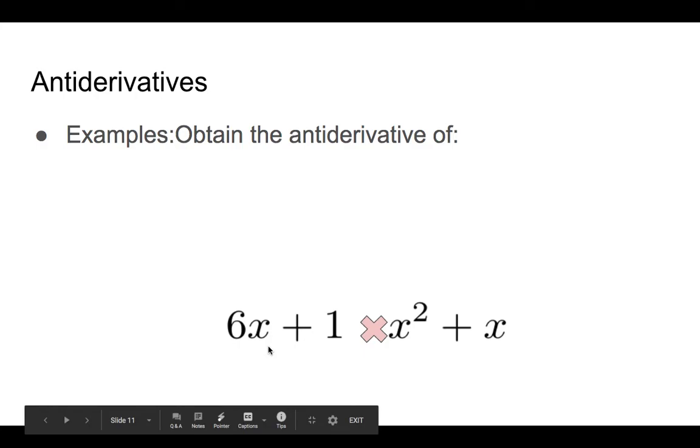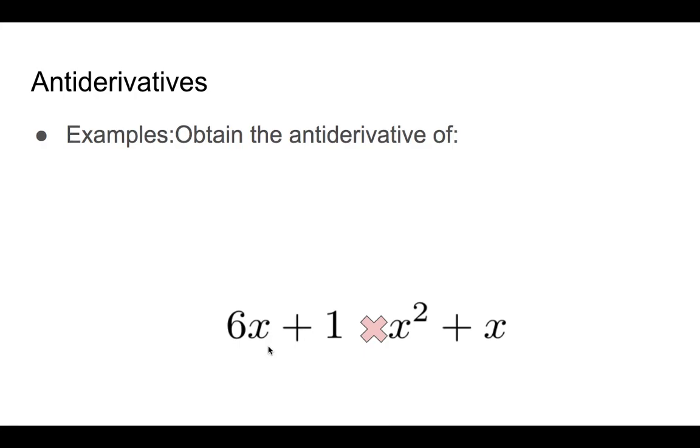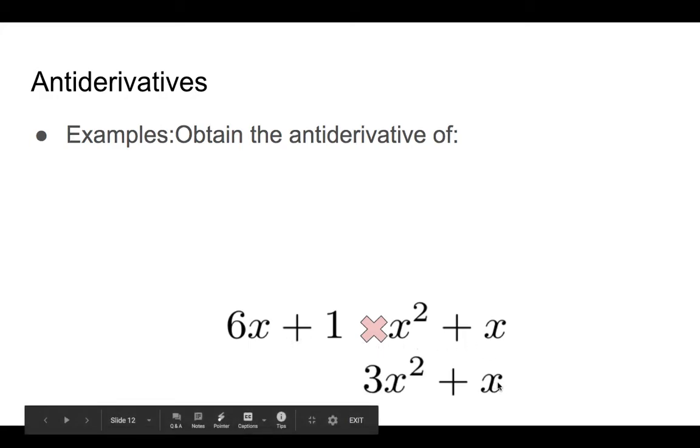So this is not it. It needs to have some other coefficient so that when you multiply it, you actually obtain what you need, and in this case it's this one. If you get the derivative of this, the derivative of x is the 1, and the derivative of this thing, the 2 comes down, multiplies the 3, therefore you have a 6, and the power decreases by 1, and you have your x.